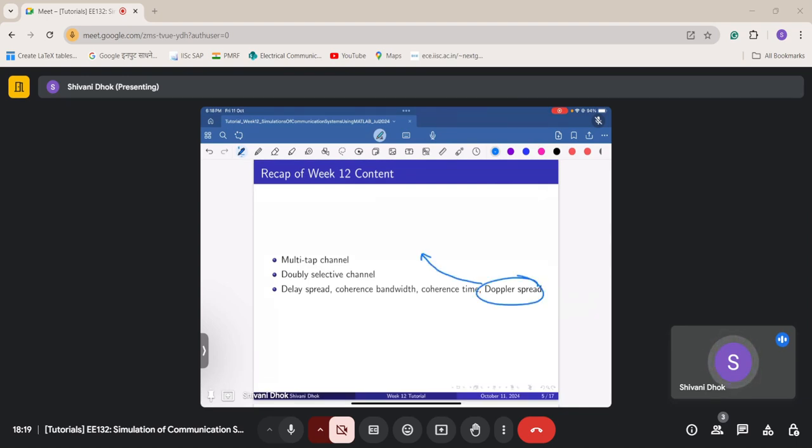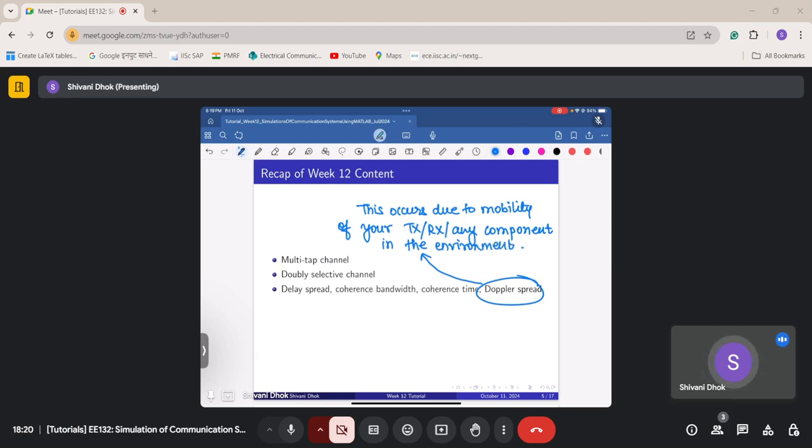This Doppler spread occurs due to mobility, or let's say movement of your transmitter, receiver, or any component in the environment. So Doppler spread basically characterizes the effect of mobility in your communication channel.